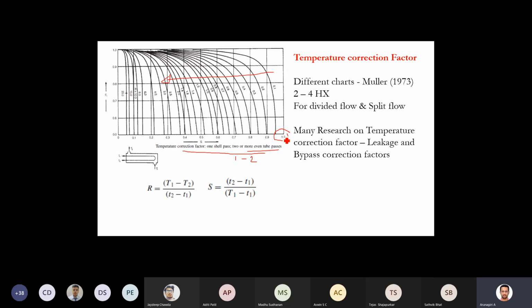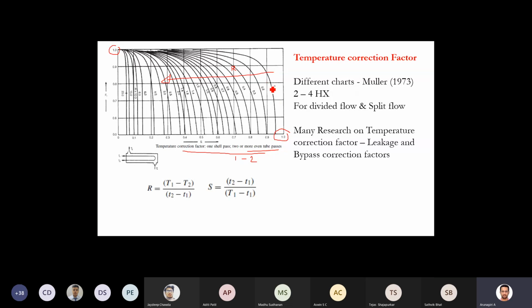Here for FT, the maximum value will be 1. R is the capacity ratio, S is the effectiveness of the exchanger.